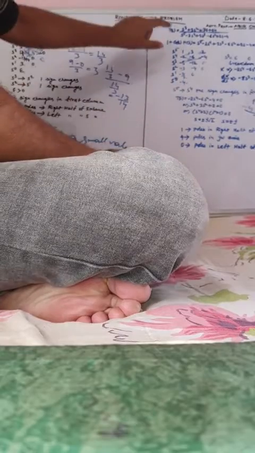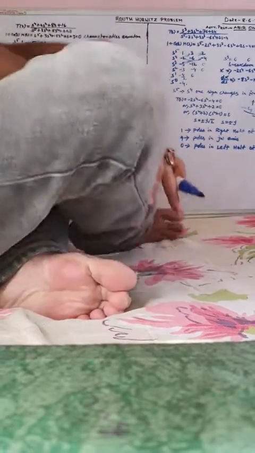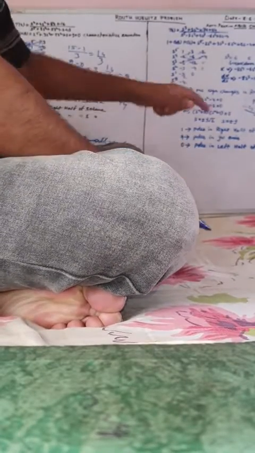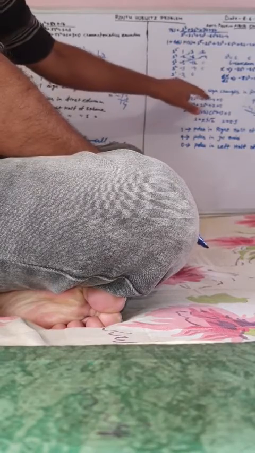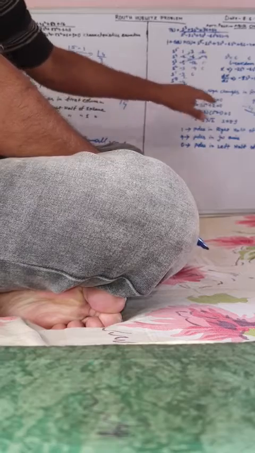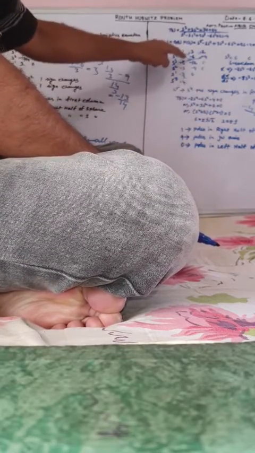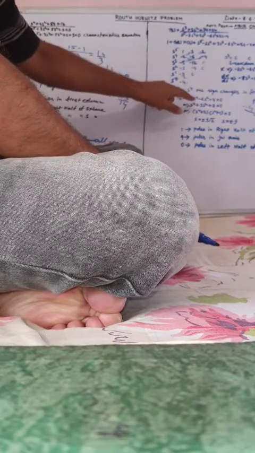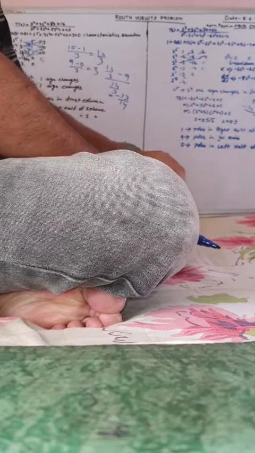So where is the sign change? S5 to S4, there is one sign change. Now we have to find out how many poles are located on the j omega axis. The auxiliary equation is minus 2s4 minus 6s square minus 4 equal to 0, so s4 plus 3s square plus 2 is equal to 0.